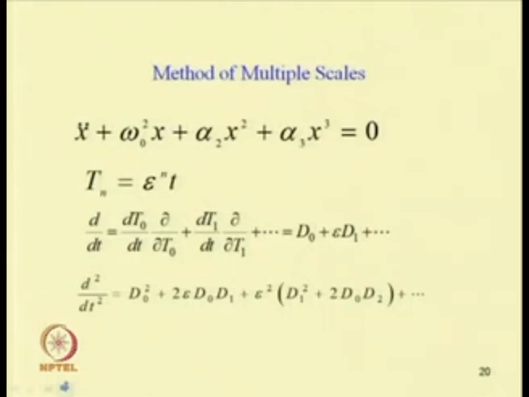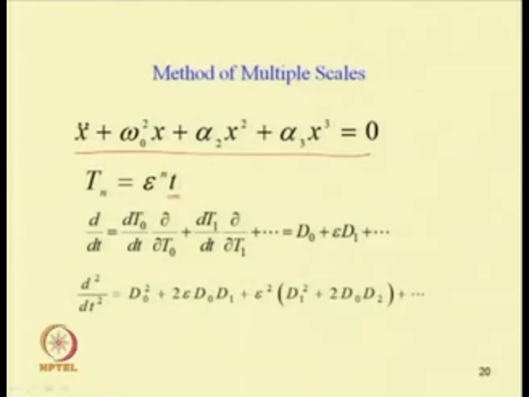Let this be the equation for the system with quadratic and cubic nonlinearities. In the method of multiple scales, we should take T n equal to epsilon to the power n t.